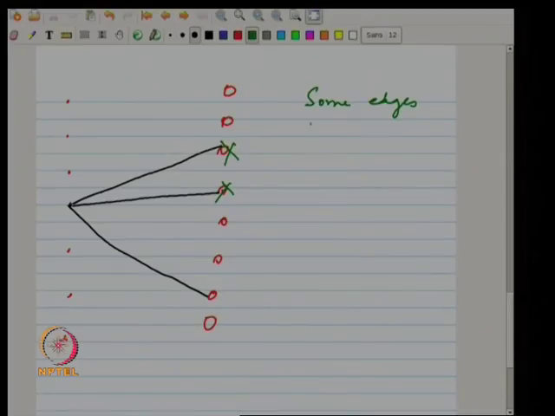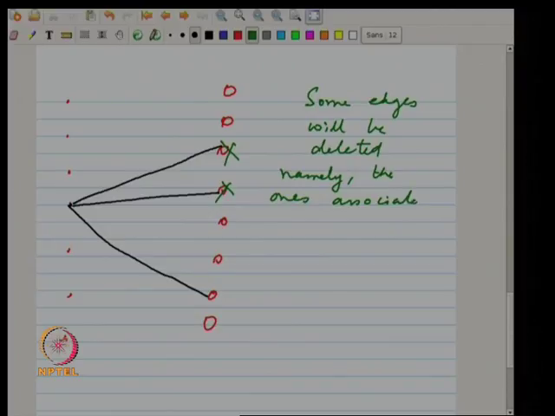So some edges will be deleted, namely the ones associated with the ranges that are getting deleted.